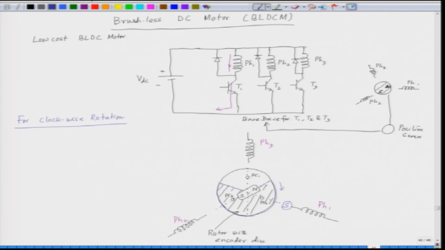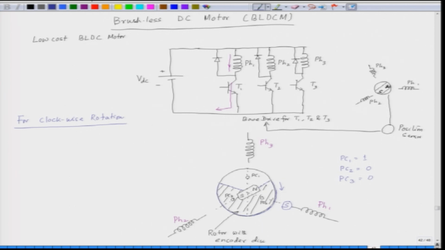When the region is opaque, the photocoupler output becomes equal to 0. So, right now PC1 output is 1, PC2 output is 0, PC3 output is 0. PC1 is in the transparent region.